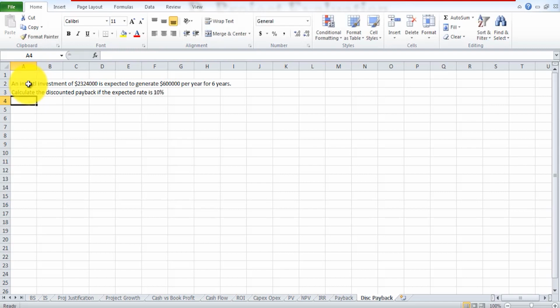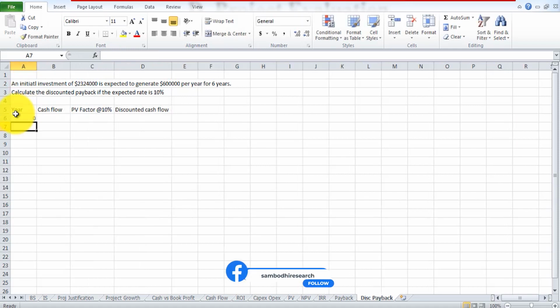Okay, so first we're going to prepare a table which is going to compute the discounted cash flow of each period by multiplying the actual cash flow by the present value factor. So here we have the cash flow scenario, the present value factor at 10%, and your discounted cash flow.